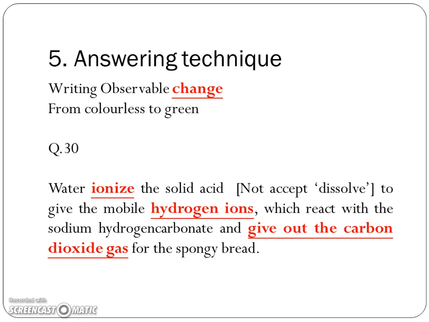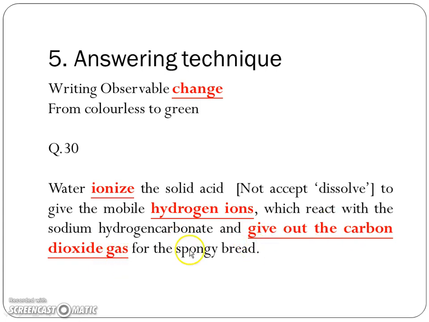Okay, because now the observation is that the purpose at last is to make the spongy bread. So that's why when you are explaining the role of the water, you also need to explain until this purpose is achieved. Okay, so this purpose is achieved because carbon dioxide gas is produced.